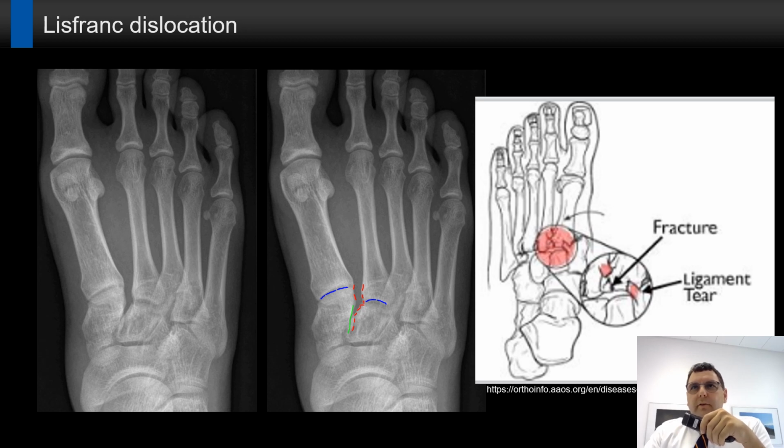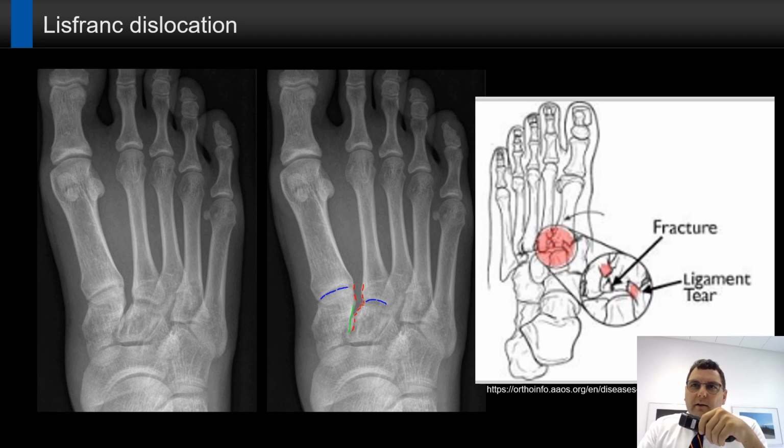Lisfranc dislocation is something which you need to remember, because it's not always associated with a bony fracture, but it's associated with dislocation and disruption of the situation of the bones in the midfoot. If you see a radiograph, a PA radiograph, you always need to think about the lines and what you can see.